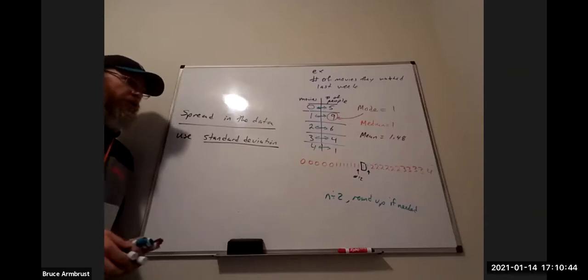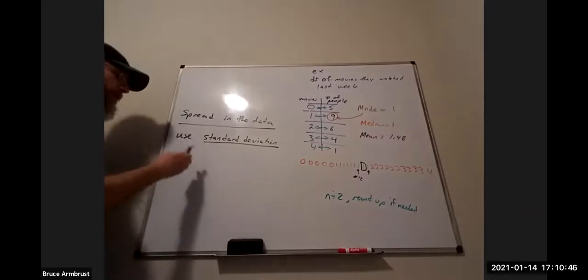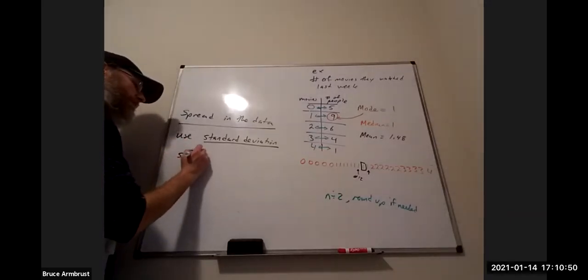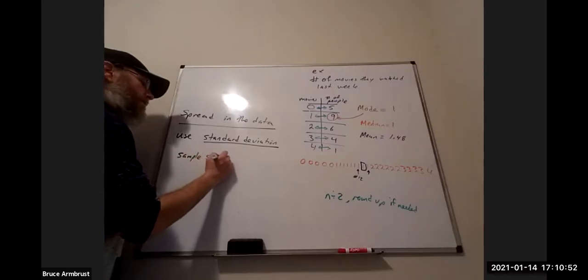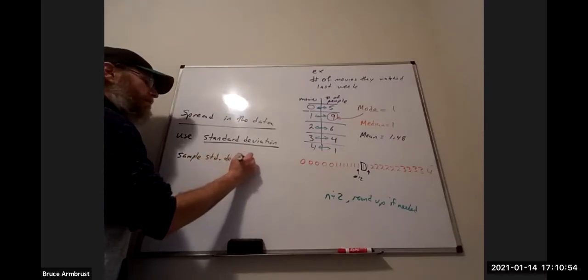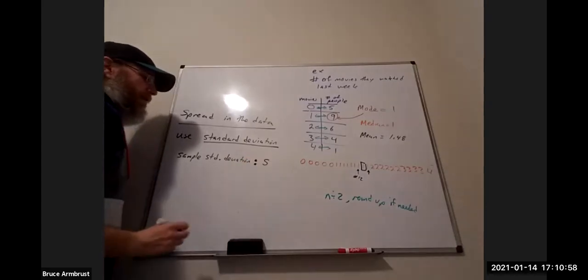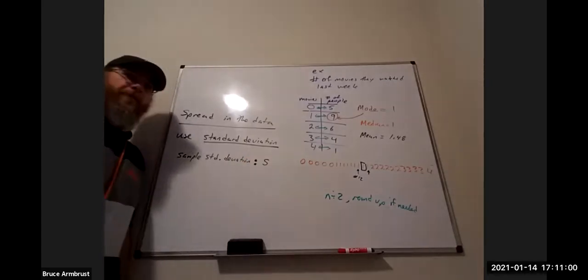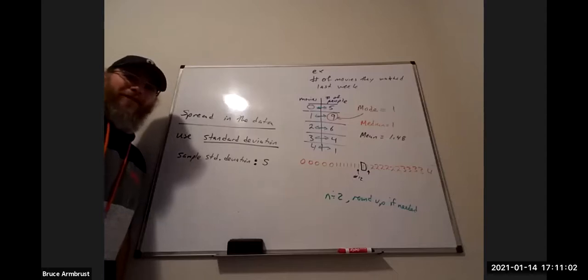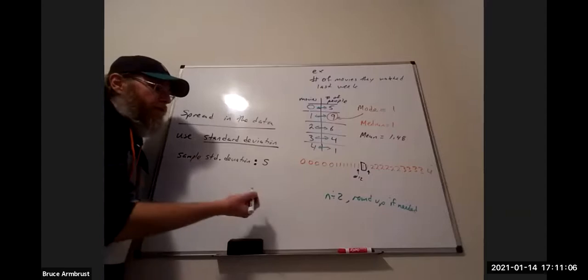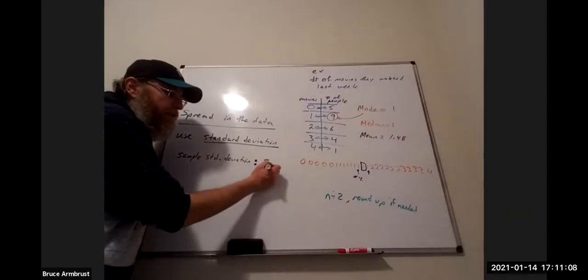However, I am going to show you the symbols that we use. Right? If we're talking about a sample, we use the letter S. That makes sense, right? Sample, standard deviation. Sometimes you'll see a little subscript on it.